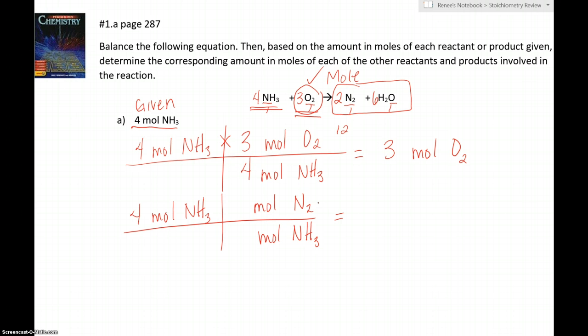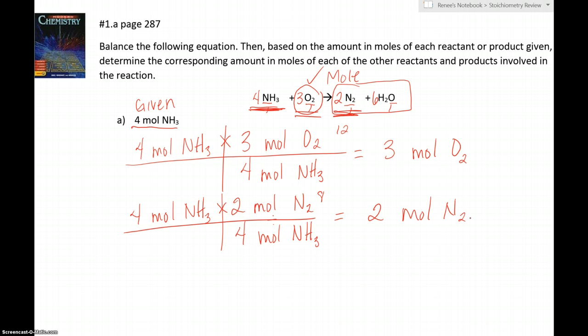We always pull from the balanced chemical equation. So again, we have 4 moles of ammonia, and this time we have 2 moles of nitrogen. We multiply 4 times 2, divided by 4, that would be 8 divided by 4, so we should get 2 moles of nitrogen.